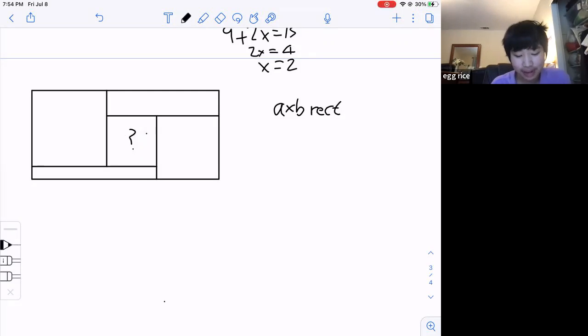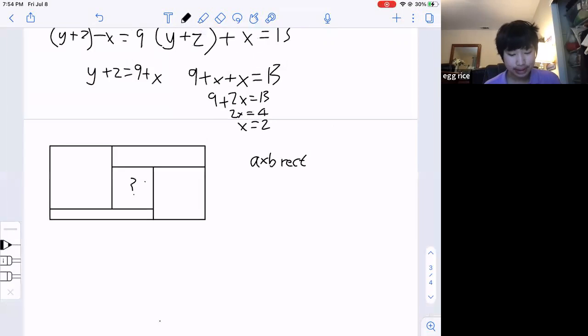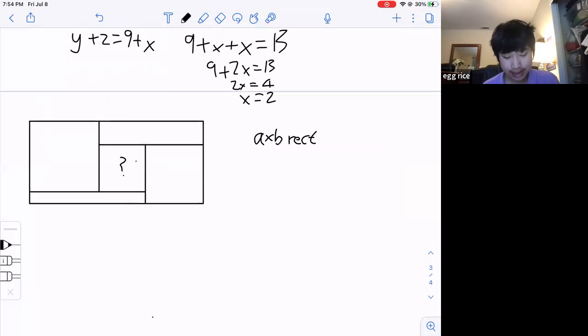Because obviously if we don't have numbers, we can't figure it out exactly, but you can figure out a sort of relationship between A, B, and the center square. So can anyone see how we can do this?